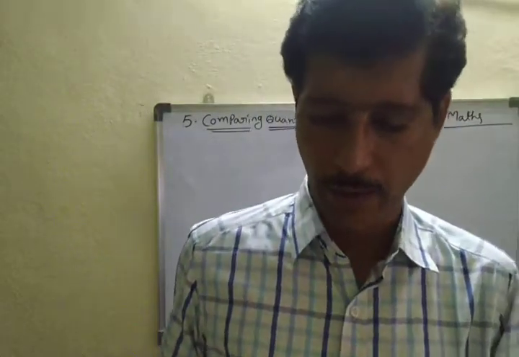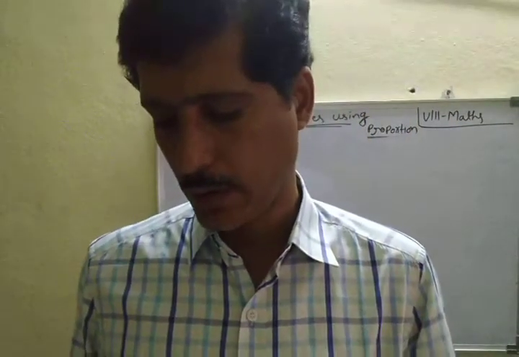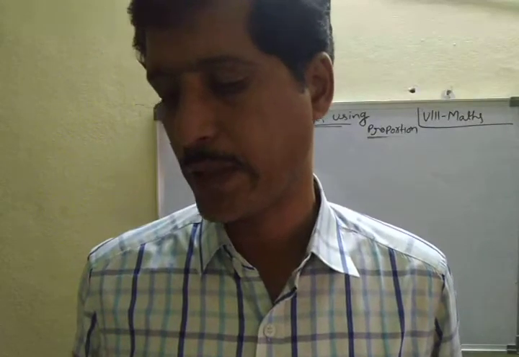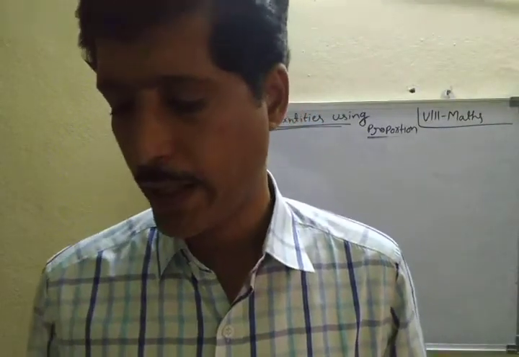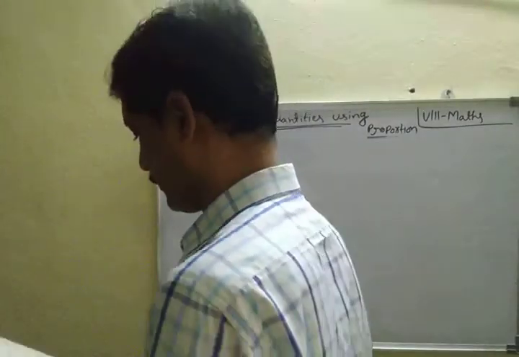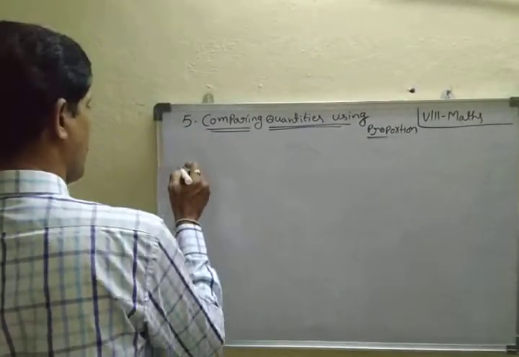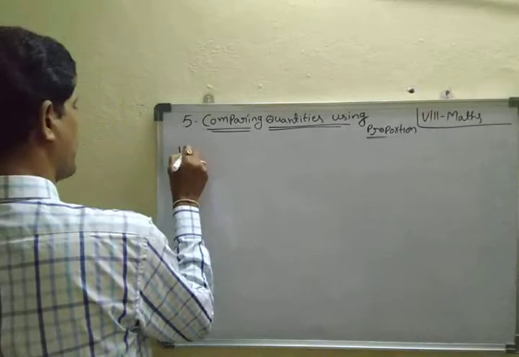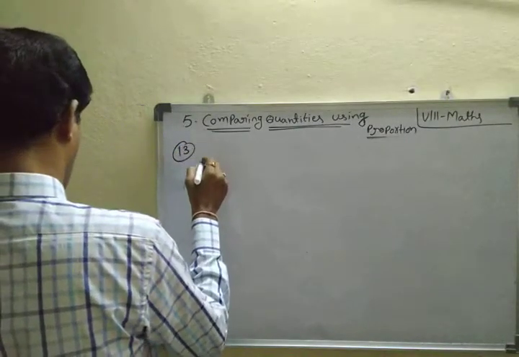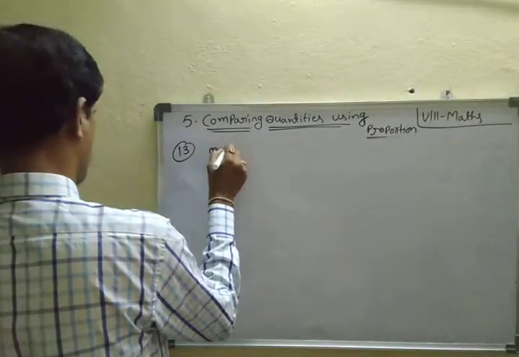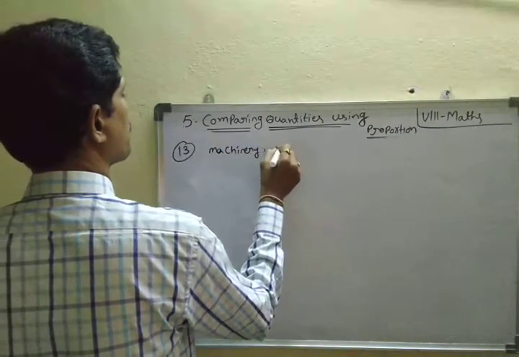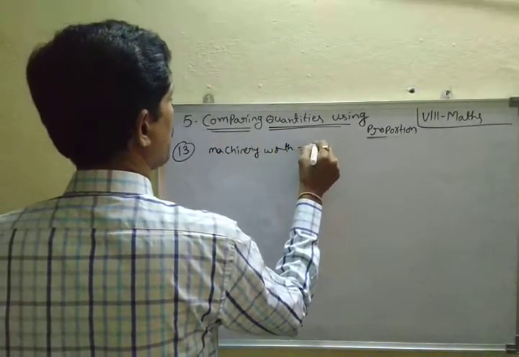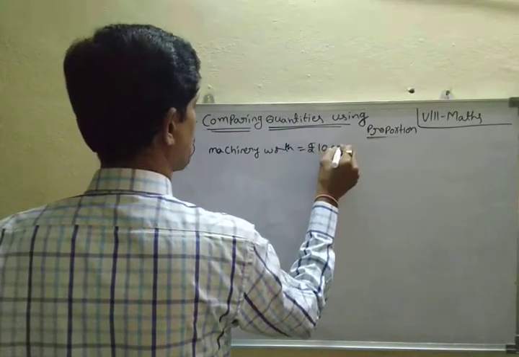Next, 13th one. Machinery worth 10,000 rupees depreciated by 5%, find the value after 1 year. The question is the 13th one. Machinery worth equals 10,000 rupees.